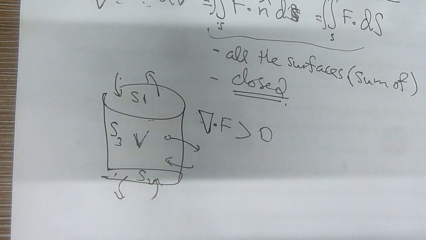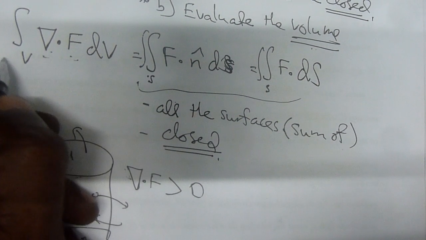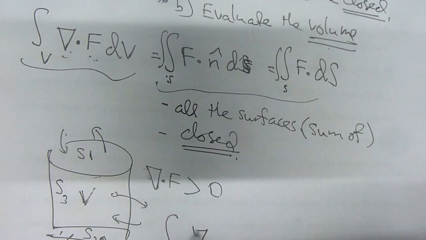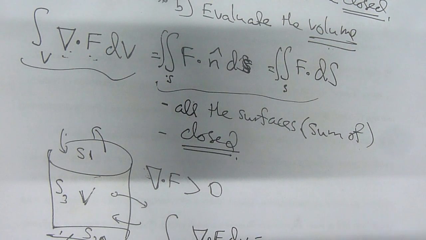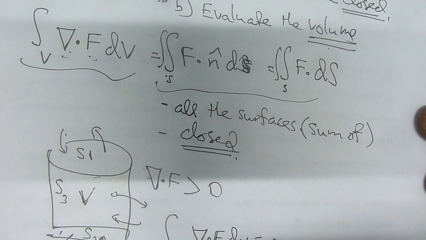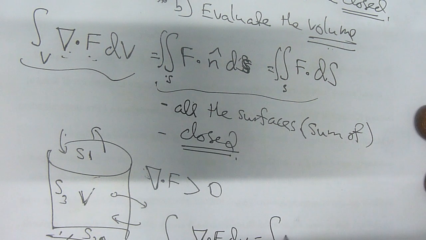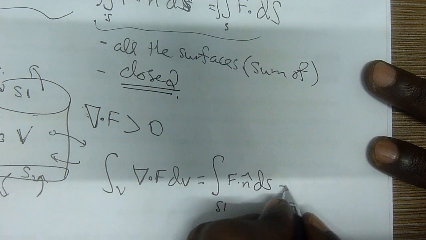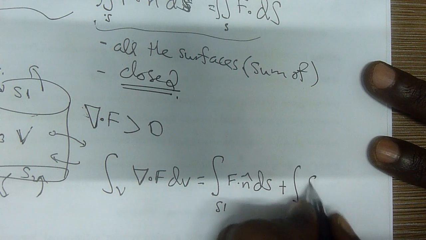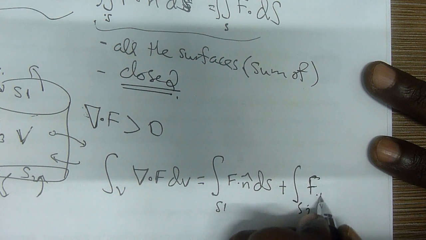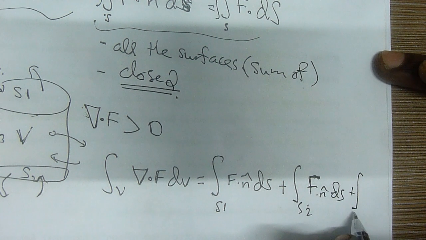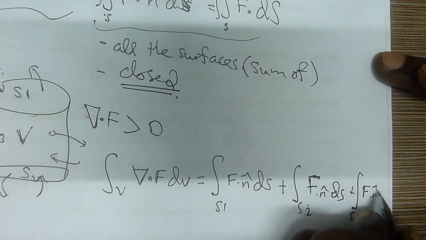In total, the calculation I'm going to introduce, the divergence theorem, says the volume integral of del dot F dV is equivalent to the sum of the surface integrals: over S1, F dot n ds, plus over S2, F dot n ds, plus over S3, F dot n ds.